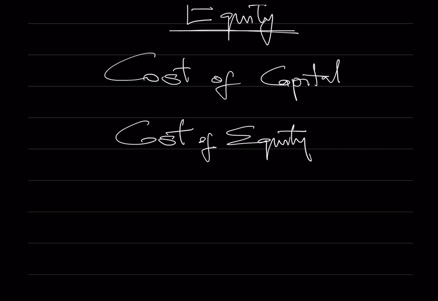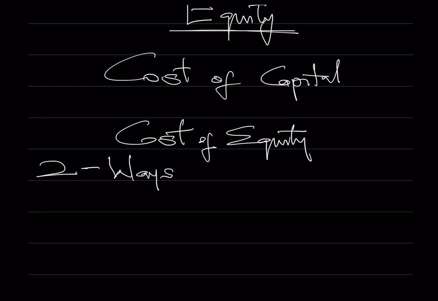If you want to know the cost of equity, there are two models, two ways of doing this. And it's very important, because I always tell you, why do we need to do this? If you don't know the cost of your equity, then you don't know how much your investors expect you to give them in order for them to be satisfied. So it's good you know what it's going to cost you.